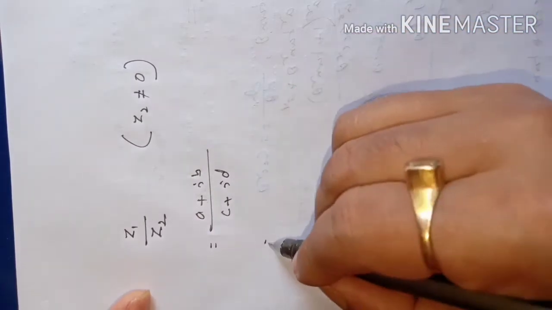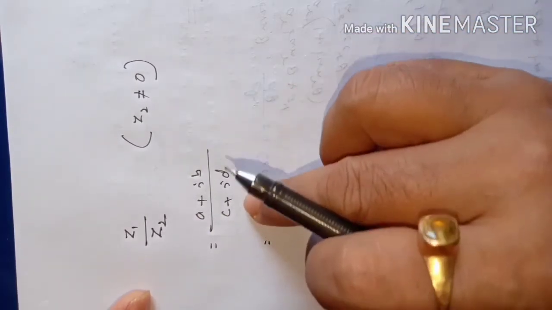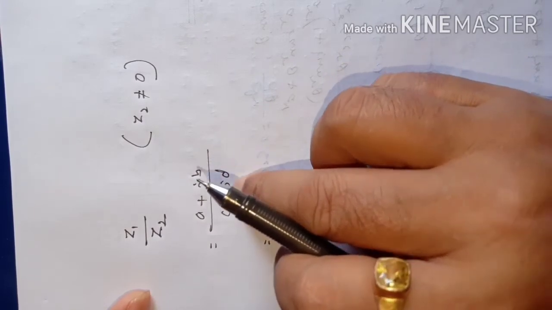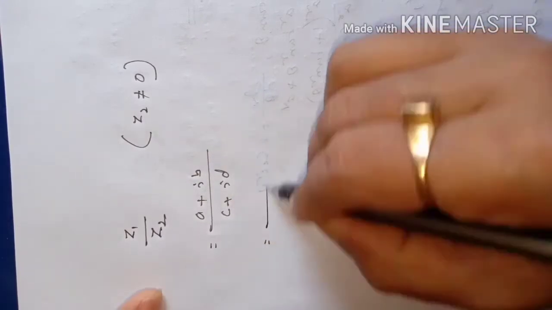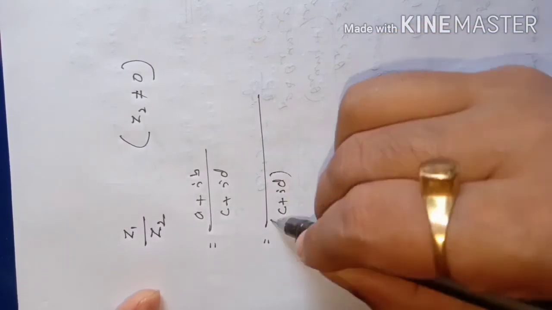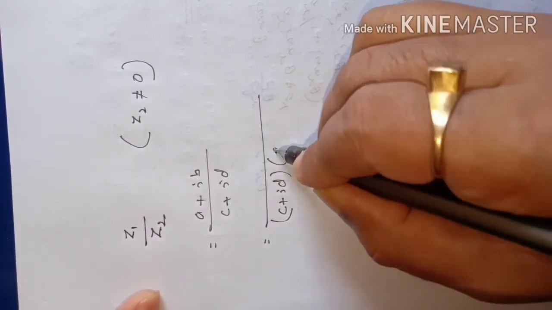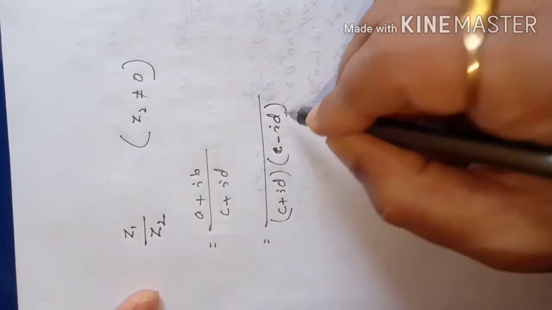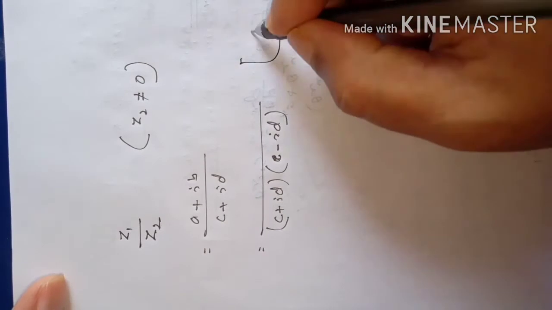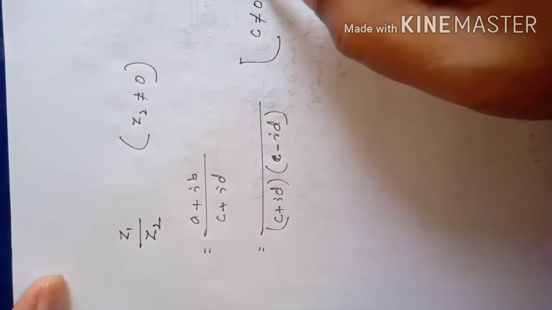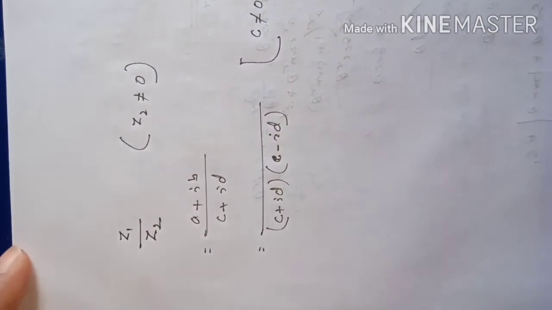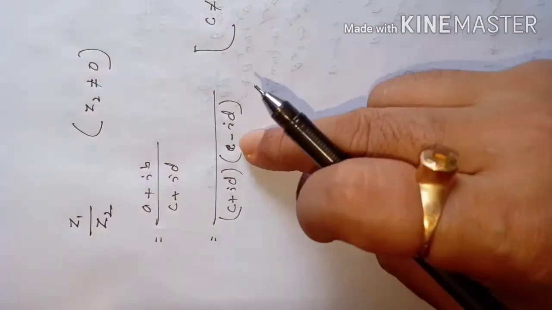To make this denominator real, that is, to get rid of this iota, we can multiply this c plus iota d with c minus iota d, provided c and d are not zero.